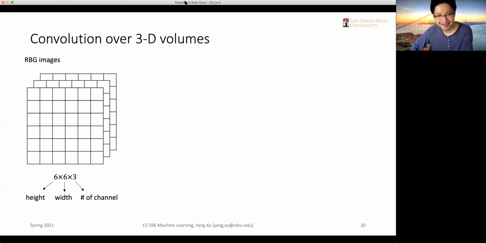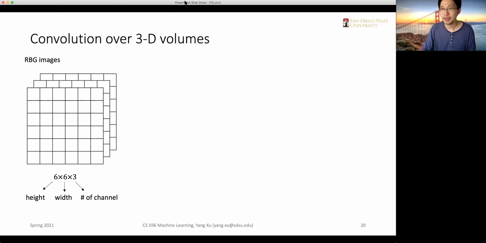And the dimension of the inputs is usually height by width by number of channels. The meanings of these 3 dimensions are in such an order: height by width, or sometimes width by height. It depends on the inputs, but usually the channel would be the 3rd dimension.